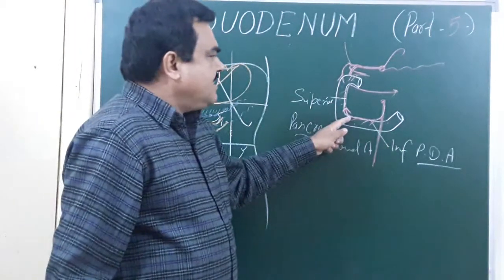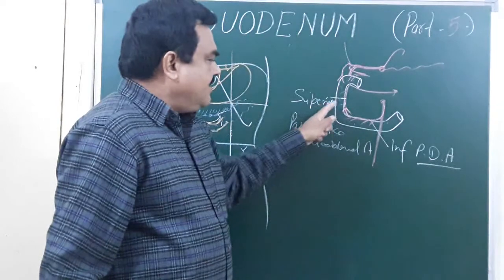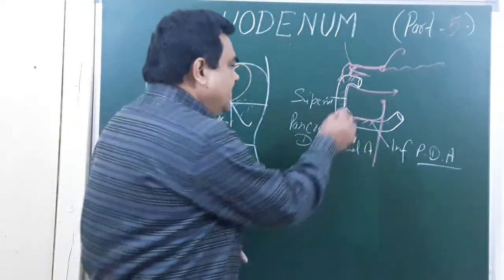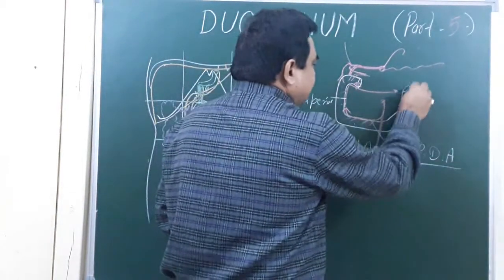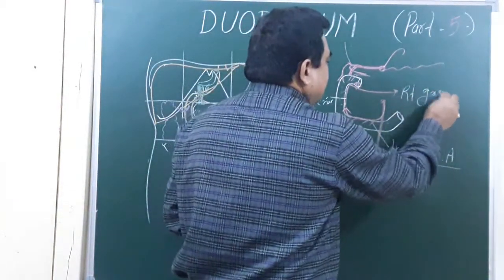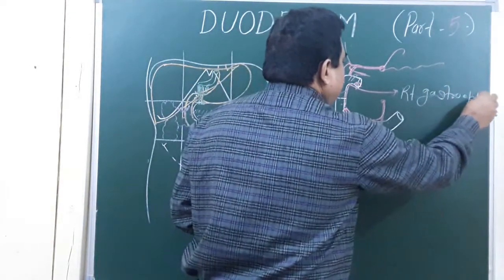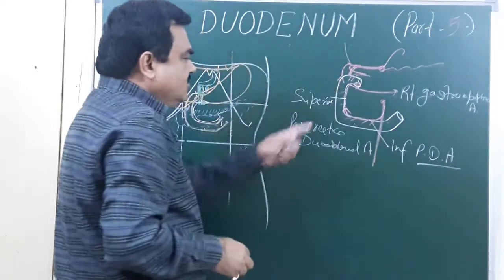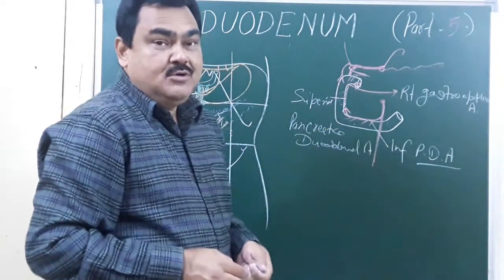So this duodenum is supplied by branches of the right gastric artery. Here is the superior pancreaticoduodenal artery, and here is the right gastroepiploic artery and supraduodenal artery. So these arteries supply the duodenum.